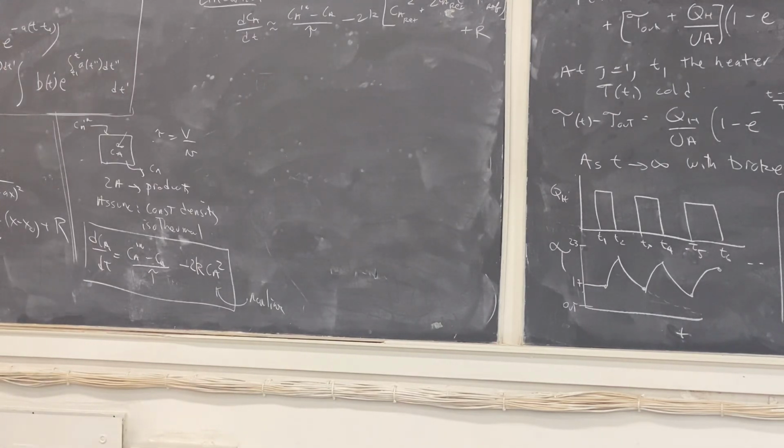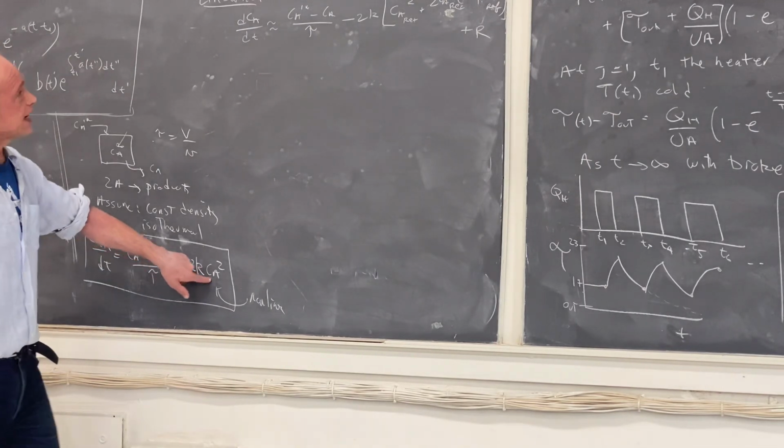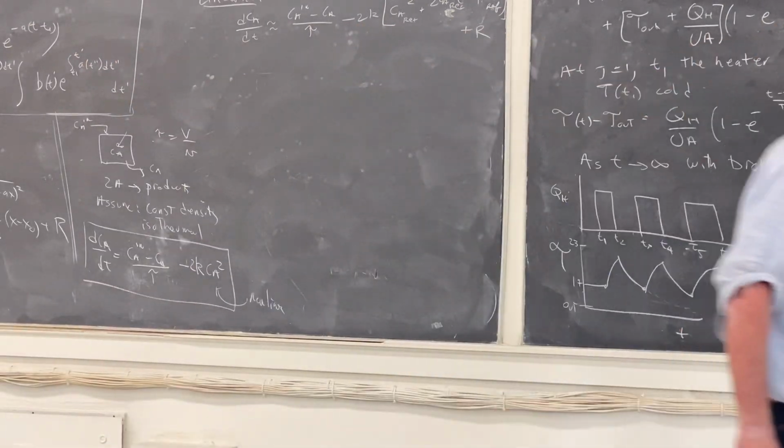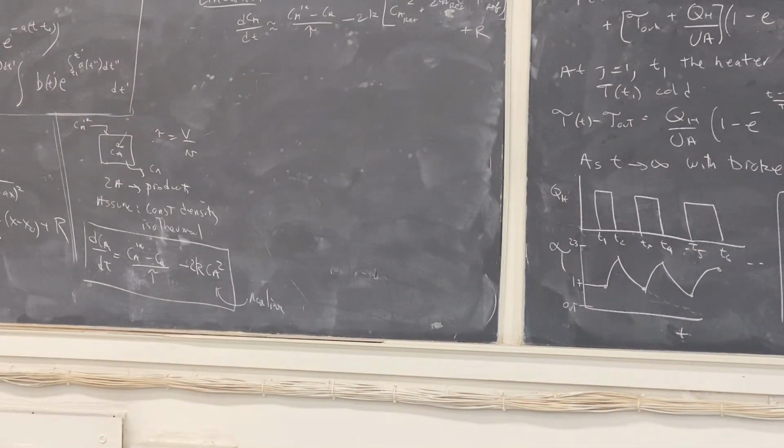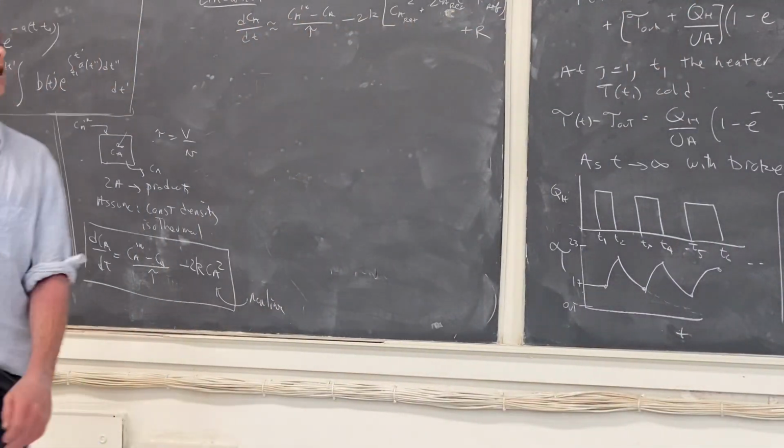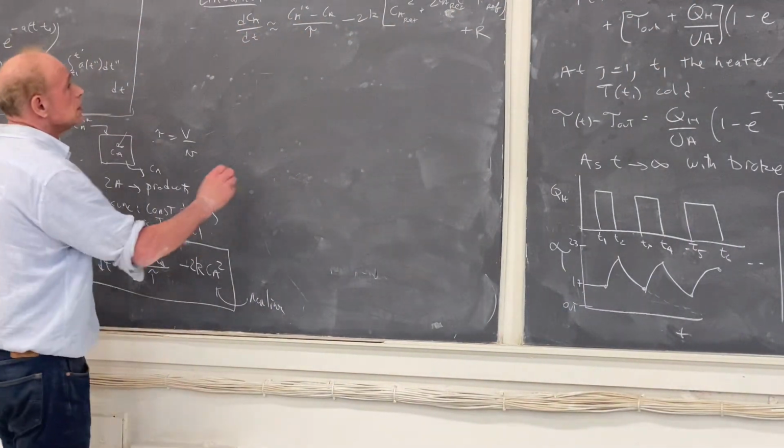So is that clear? All I did is I copied this part, and for CA squared, I copied this, where instead of calling it CA0, I call it CA ref, because it's the point about which I did my linearization.